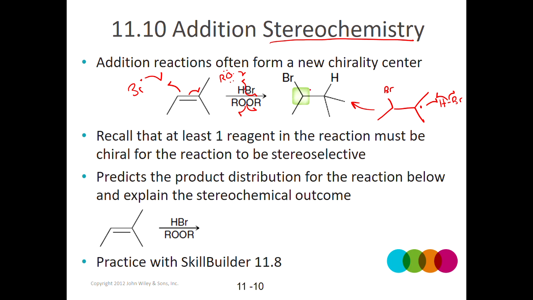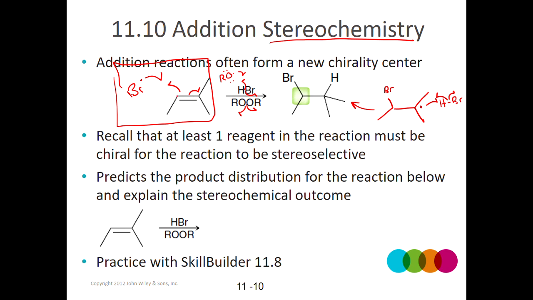So which step determines the stereochemistry at this center? It's going to be this step right here. Right? This is the step where the bromine forms that sigma bond. So this is the step that determines whether the bromine does so from the front or from behind the structure. And that's the key. The structure is flat.